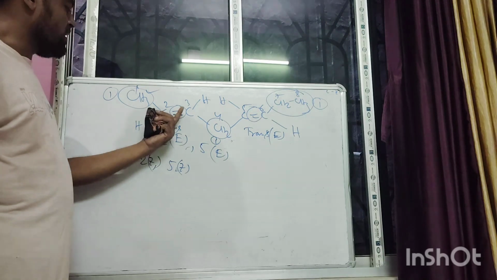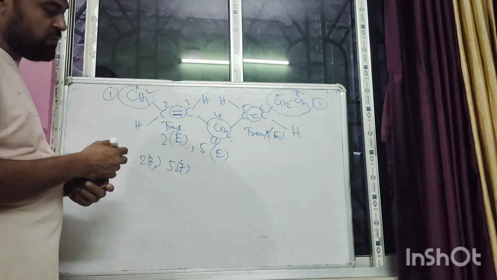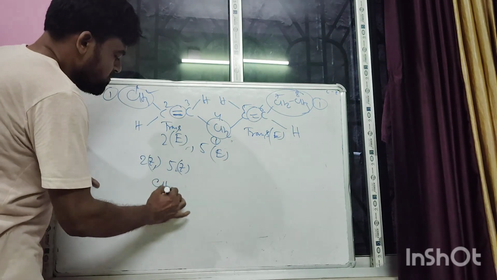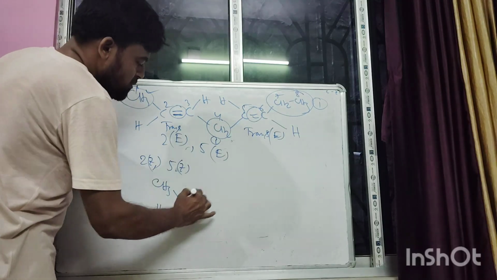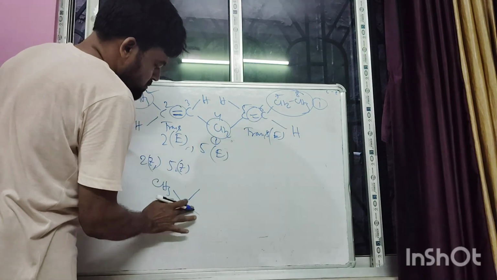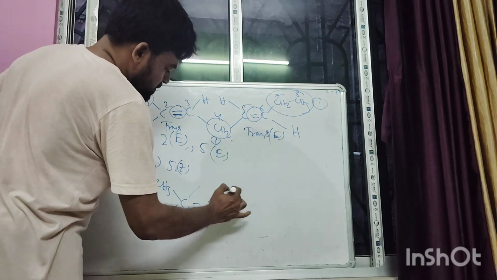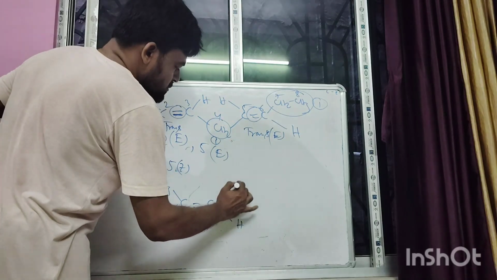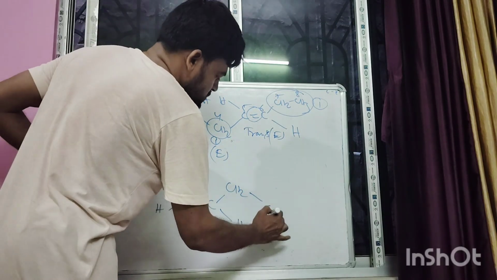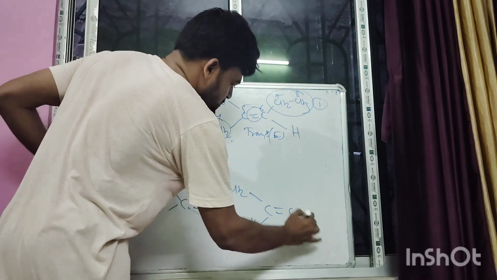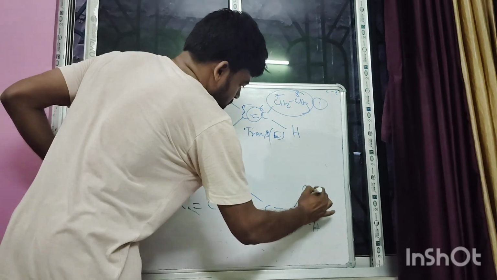These two double bonds are in the cis configuration, that is CH3 CH double bond CH CH2 CH double bond CH CH2 CH3.